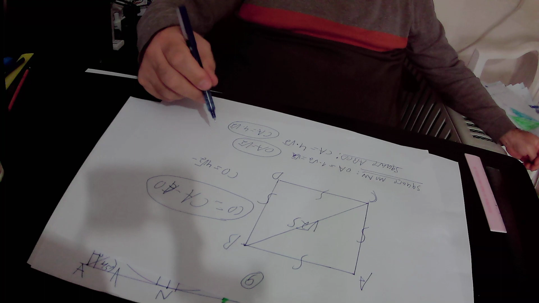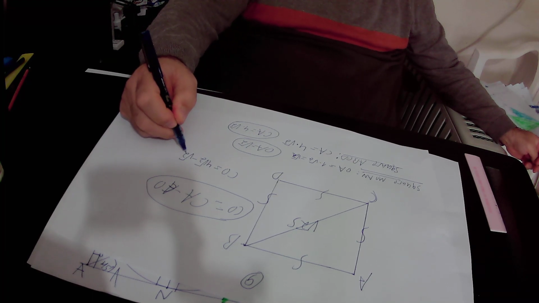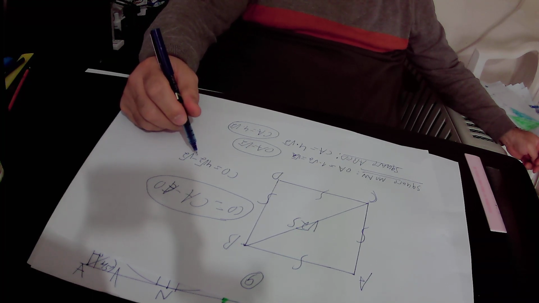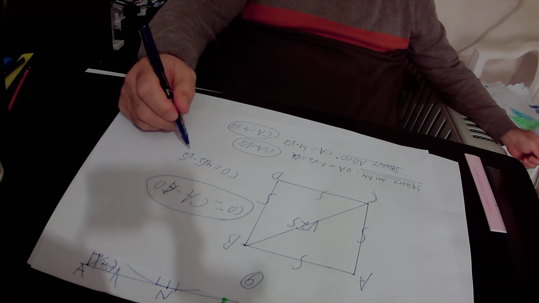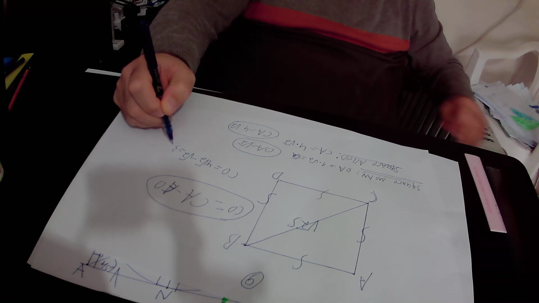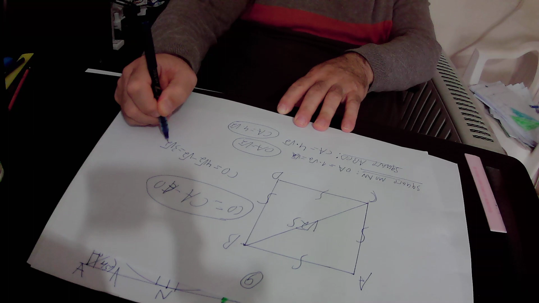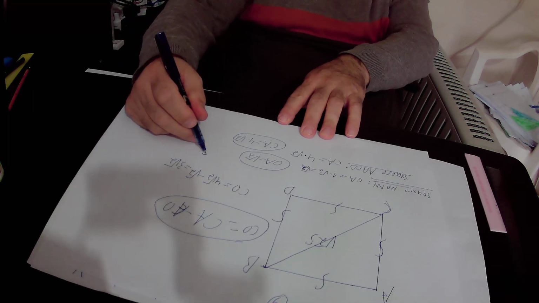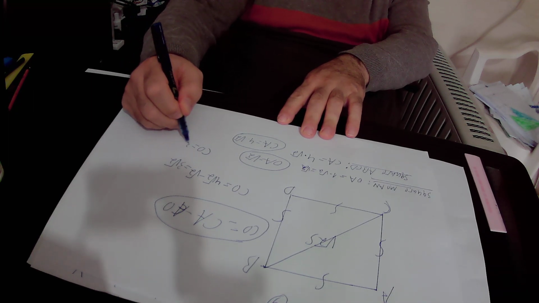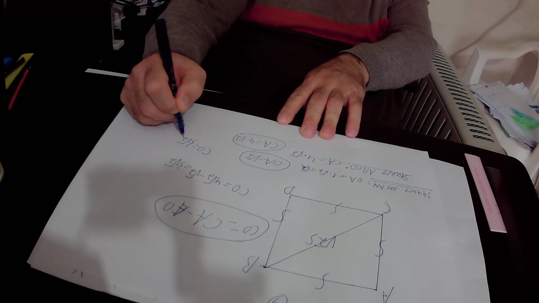AO equals square root of 2 units. So 4 times square root of 2 units minus 1 times square root of 2 units equals 3 times square root of 2 units. So we found out that the length of line segment CO equals 3 times square root of 2 units.